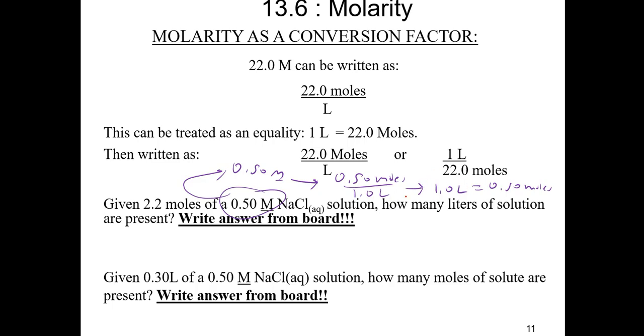Now, I need to go ahead and do the rest. So my starting value has 2.0 moles of NaCl. What goes on bottom? 0.50 moles of our NaCl, and then 1.0 liters of our solution on top.